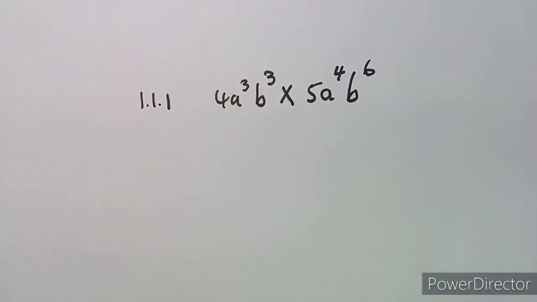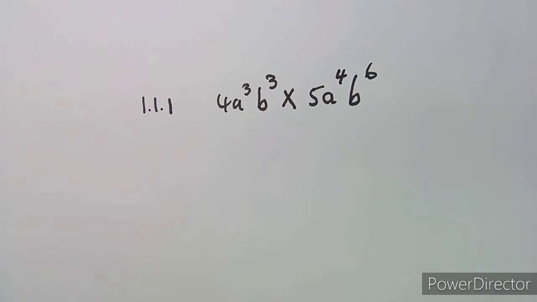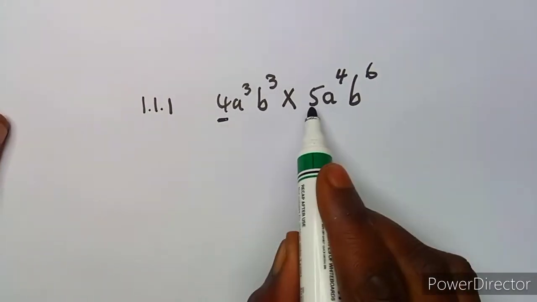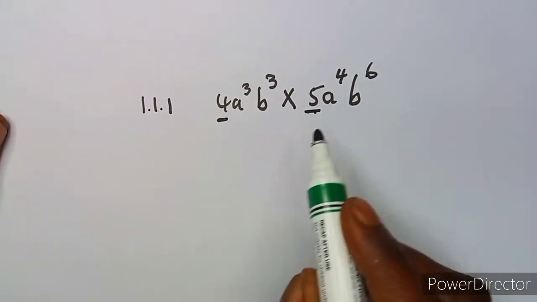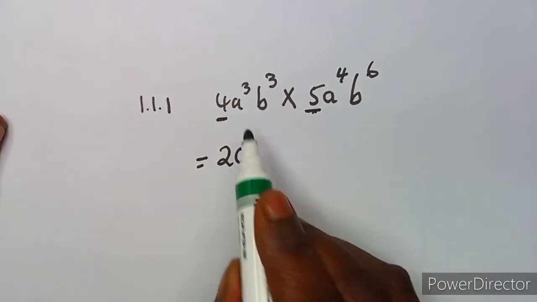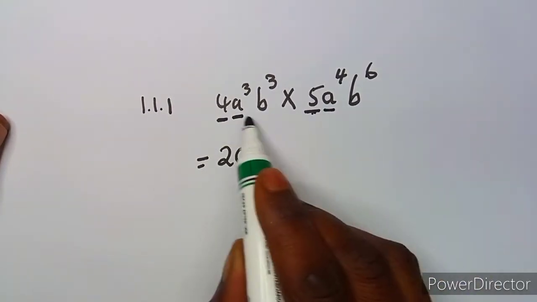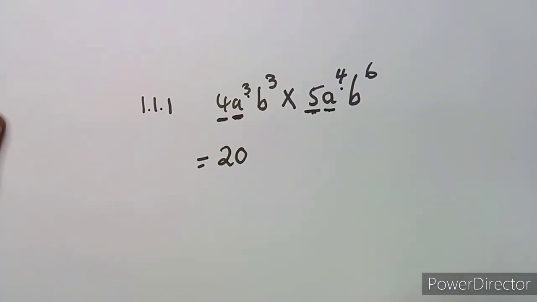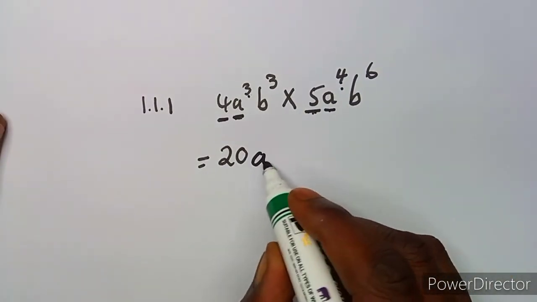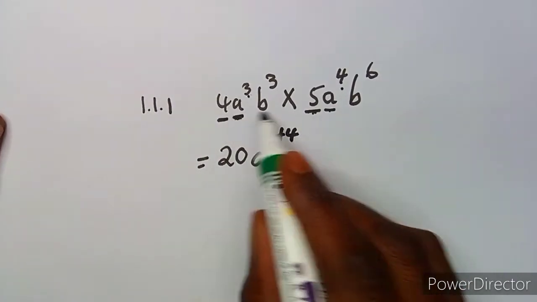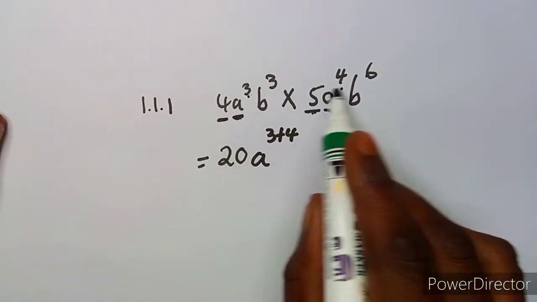All right, so these guys, they are just asking you to apply the laws of exponents here. So what are we going to do? We are going to multiply the numbers together. So we've got 4 and 5, so 4 times 5 from a calculator, that is 20. All right, then on this part here, we've got the base and the exponent, or the base and the power. So we are going to add the power, so it's a to the exponent of 3 plus 4, because when you're multiplying bases which are the same, you add the exponents.